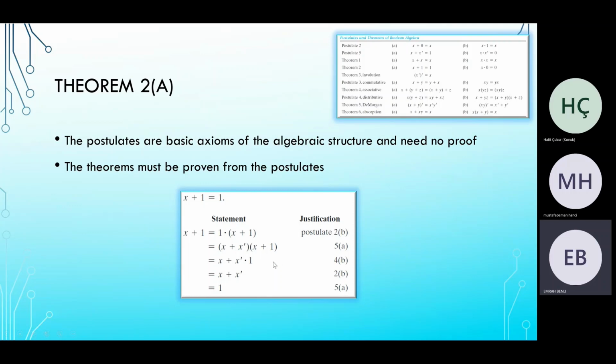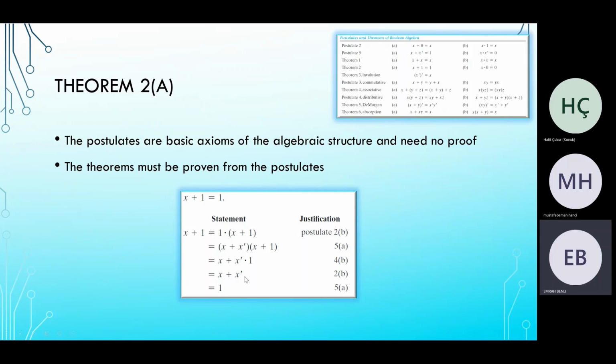And now we will use 4b. So when we have it in this form, we can write it in this form. So what is y? Our y is this, and our z is this. So x or yz. Y comes from x prime, z comes from 1, and that's from 2b.